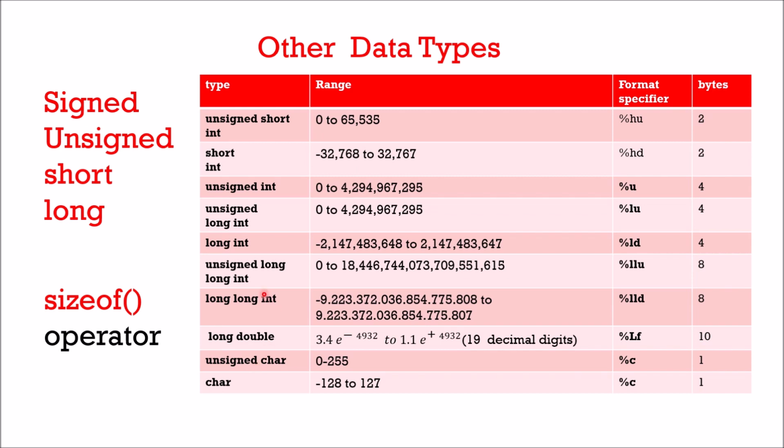The last subject here is this sizeof operator that we are going to use in our code. If you apply within these parentheses any of these data type names, it will retrieve an integer value that will tell how many bytes any of these data types occupy. So if you write, for instance, sizeof of this unsigned short int, it will retrieve a value of 2. If you use this for long int, sizeof long int, it will retrieve the value of 4, and so on and so forth.